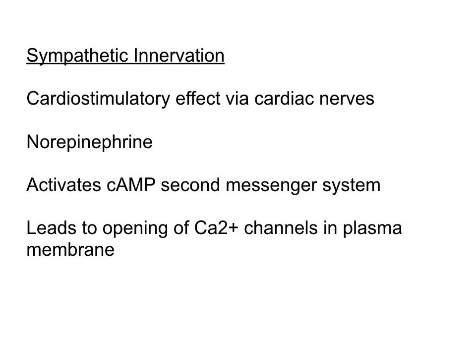The result of the cyclic AMP second messenger system is the opening of calcium channels in the plasma membrane. Now, if you open calcium channels in the plasma membrane, you're going to allow calcium to flow from the extracellular fluid into the cell. So we're going to start having a huge amount of calcium inflow.